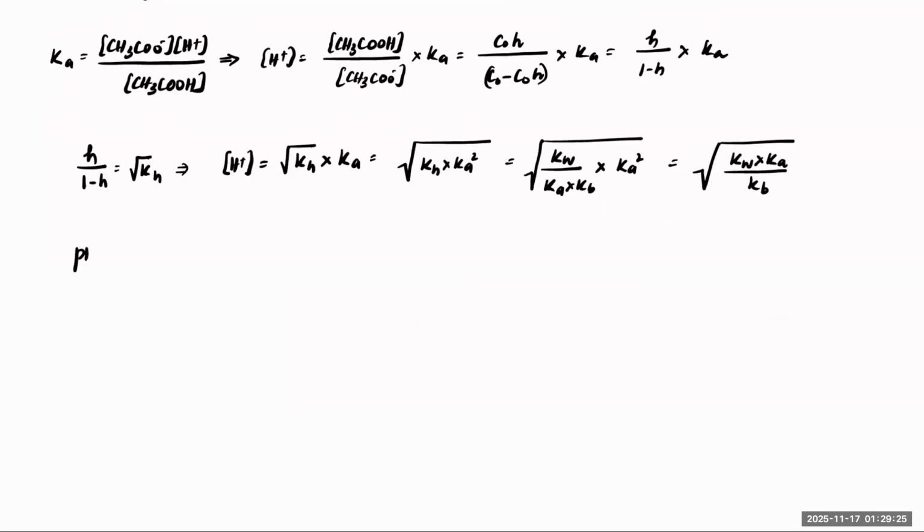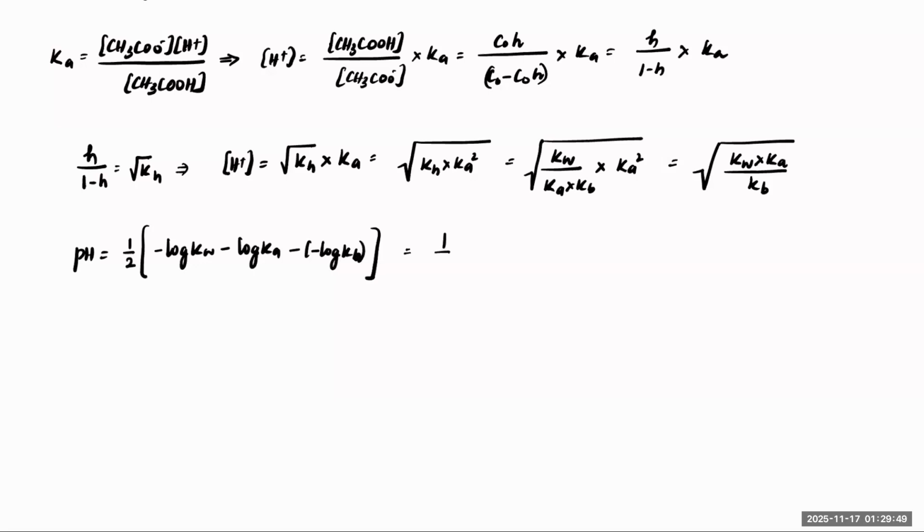And now if I take the minus log on both sides, you will get pH. So pH is equal to half of minus log of Kw minus log of Ka, and minus of minus log of Kb. Got it?